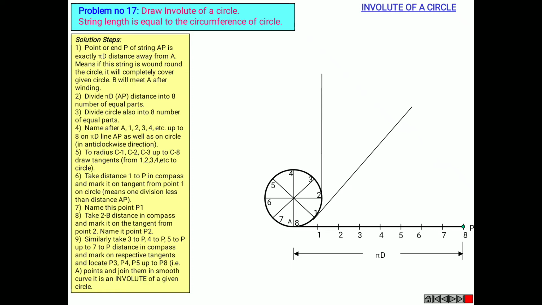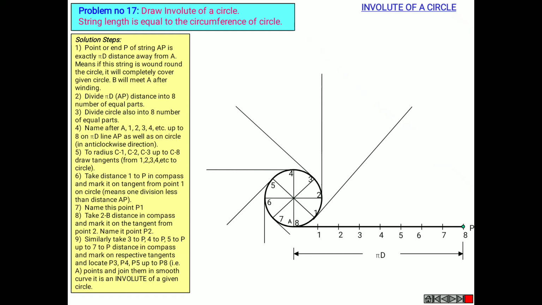Now extend the lines, or extend the perpendicular lines from 1 2 3 4 5 6 7 8, which already exist. These are some projection lines.